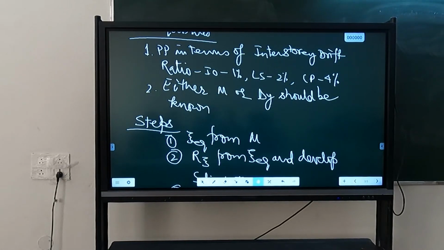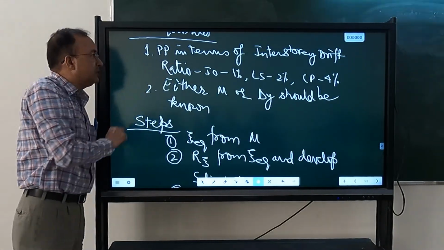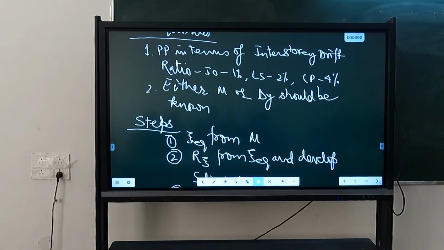Nothing is known. You can achieve a building which is close to your target building quickly. For the new building design, you have to decide these two things, the yield drift and the ductility, to match that performance.